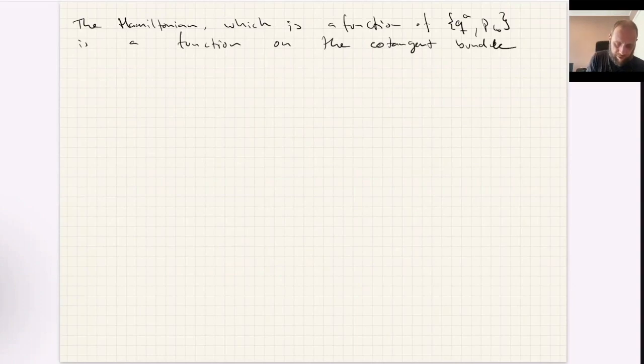So that's T*M, and that's defined as the union over all points in the configuration space of the dual space at each point. So just as the tangent bundle was defined as the union of tangent spaces, the cotangent bundle is defined as the union of all dual spaces.